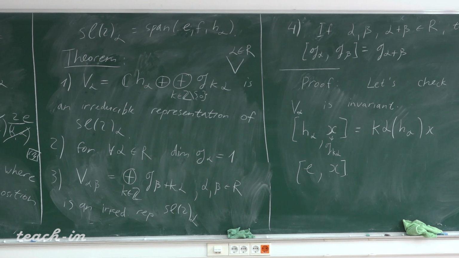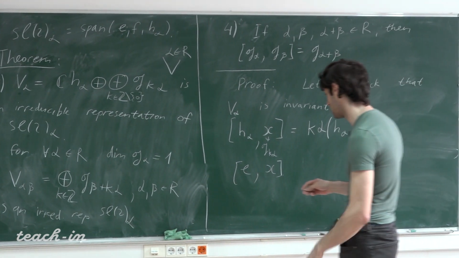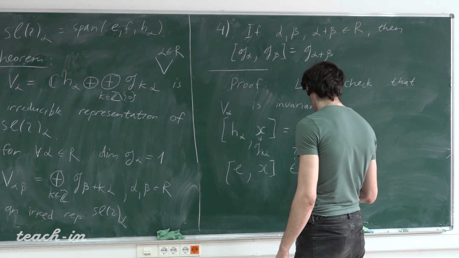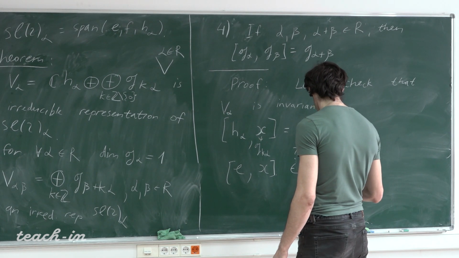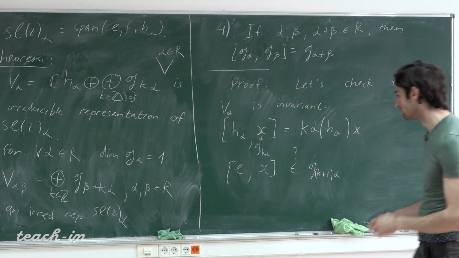Right? So if I take E and apply it to the same X, where X lives in G K alpha, I would like to see that this lives in G K plus 1 alpha. So that's my goal. All right. So what does it mean?